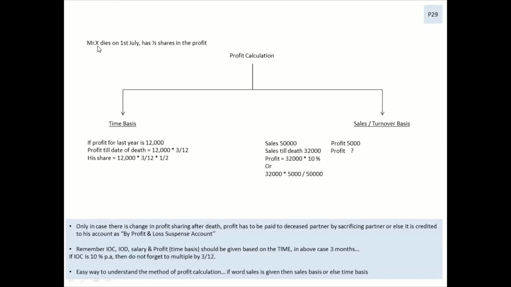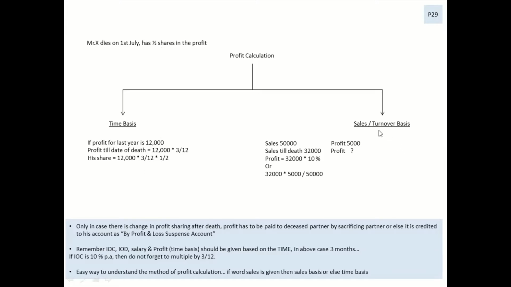Students find that 3,000 figure and give it to X. That 3,000 is the profit of the business, right? X will get only his share, that is 1 by 2. So you should ideally do this. So the time basis is way too simple. They will give you the last year's or maybe the average of 5 years' profit. You have to understand when the partner died, and based on that you find out the profit.